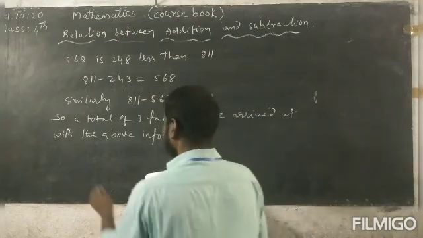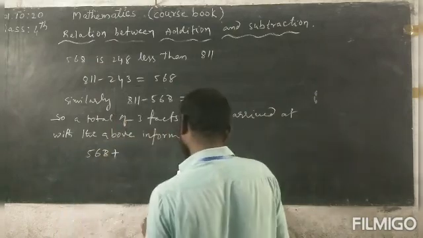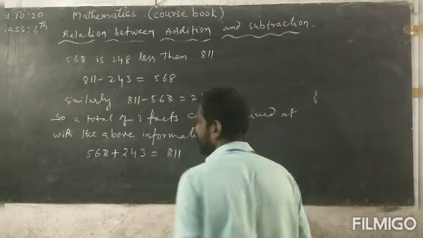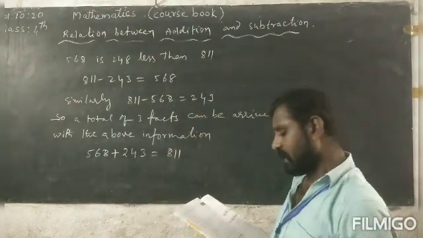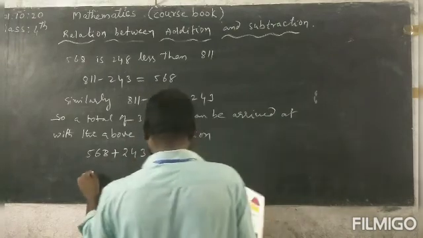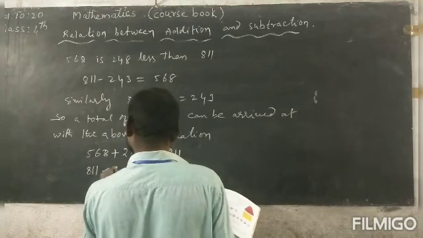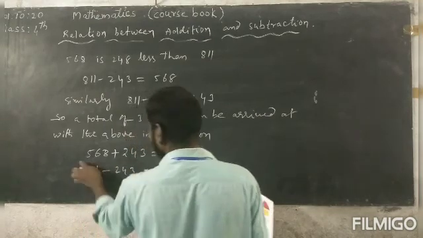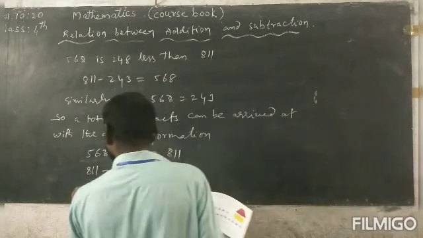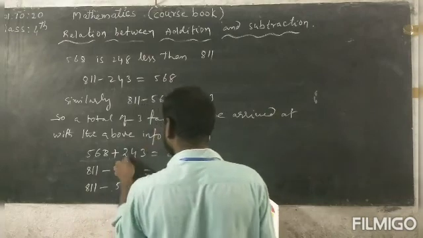See, 568 plus 243 is equal to 811, beta. Next, see, 811, already you know, minus 243, you get 568. Next, 811 minus 568, you get 243.